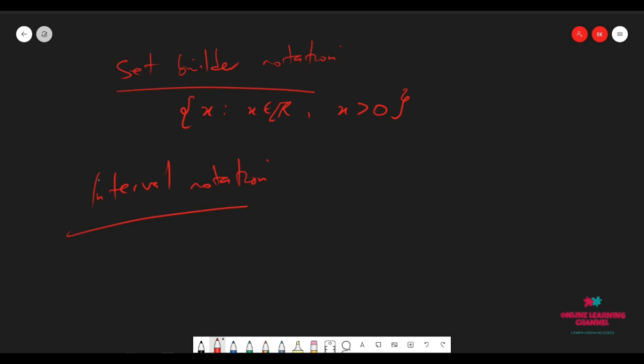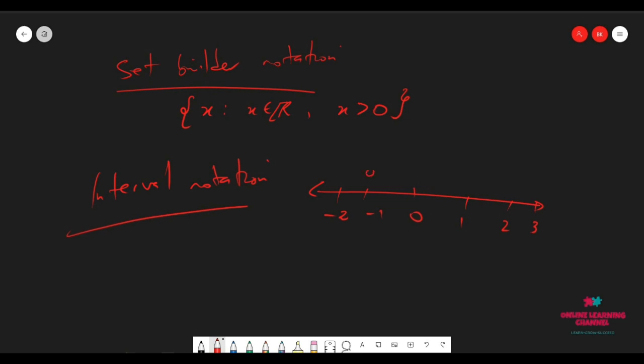Right. So another format we can use, let's look at this in a number line. Let's use a number line. So we are given -2, -1, 0, 1, 2, and 3.